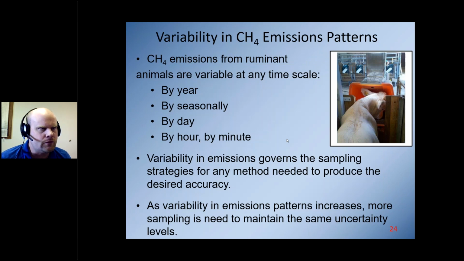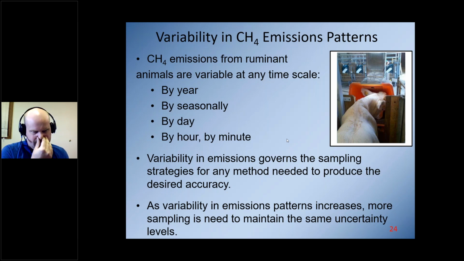So, of course, methane emissions are variable. People often mention the diurnal variability, but actually methane emissions vary all the time. They vary by year, they vary seasonally, they vary by day, they vary by hour, and even within the second, as you looked at in past webinars with eructation events.